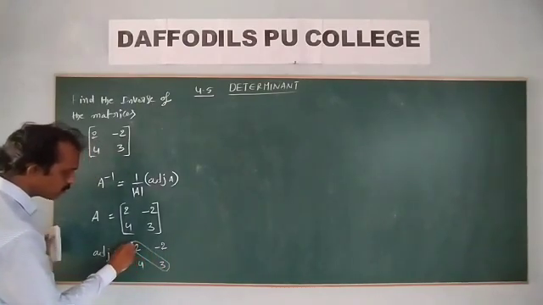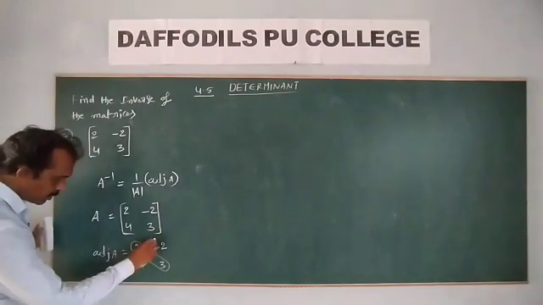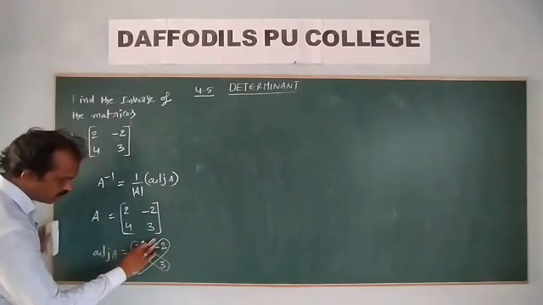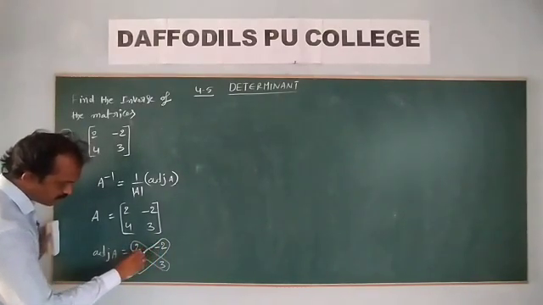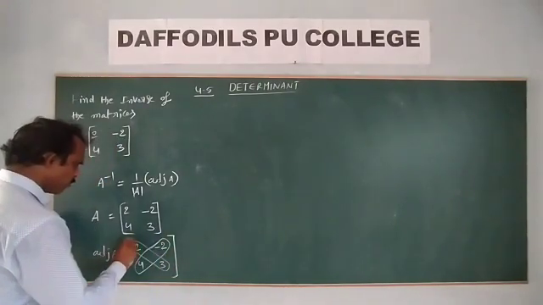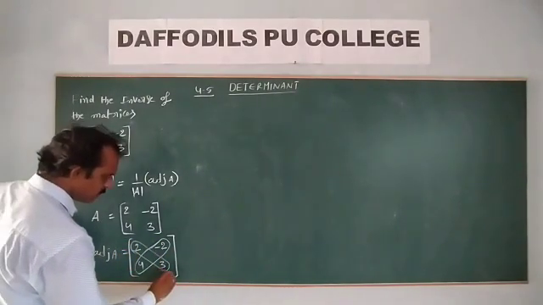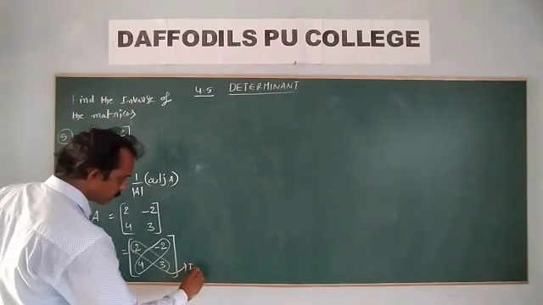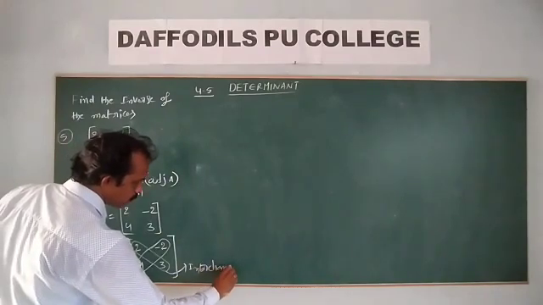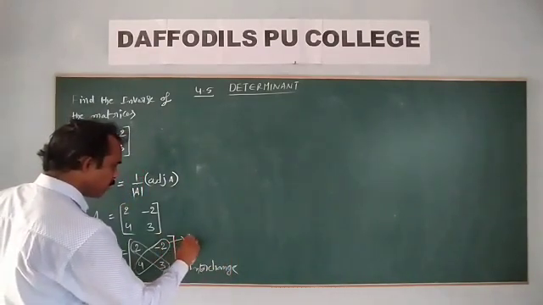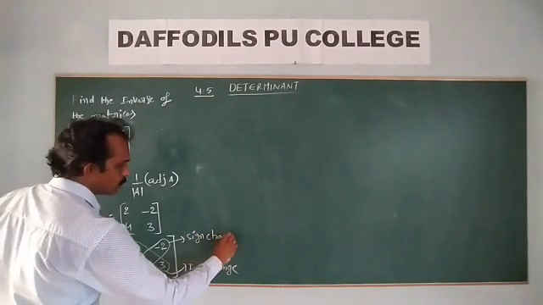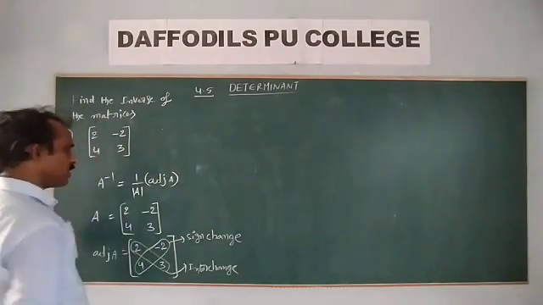So interchange these two elements. These two elements sign change. So the ordinary value can also be found, no problem. Ordinary value means find the cofactors.